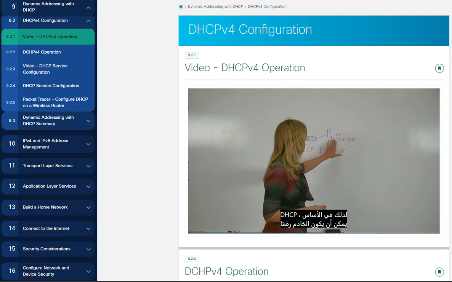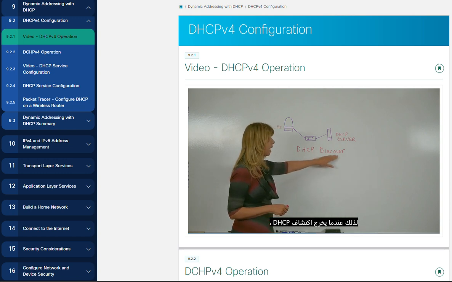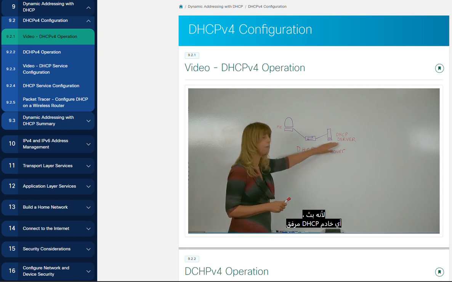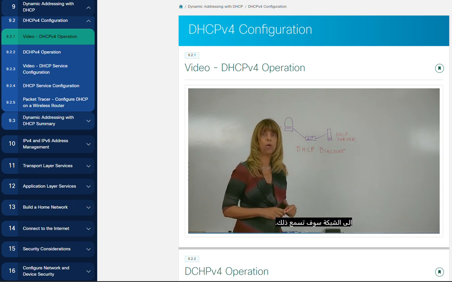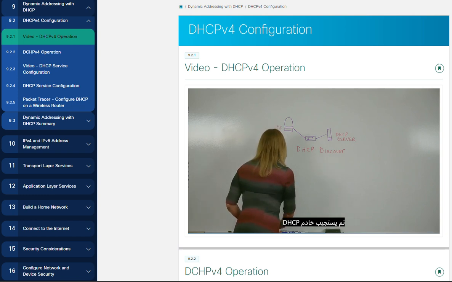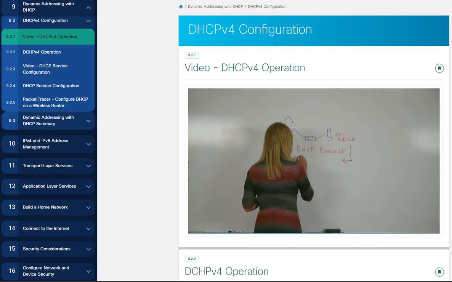So basically, the DHCP server can be a number of different types of devices. So when the DHCP discover goes out, since it is a broadcast, any DHCP server attached to the network will hear that. The DHCP server then responds with the DHCP offer.